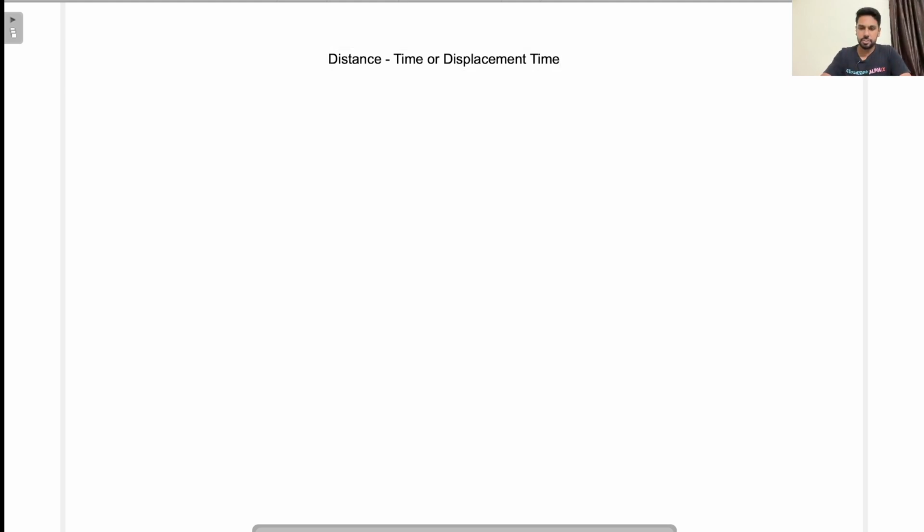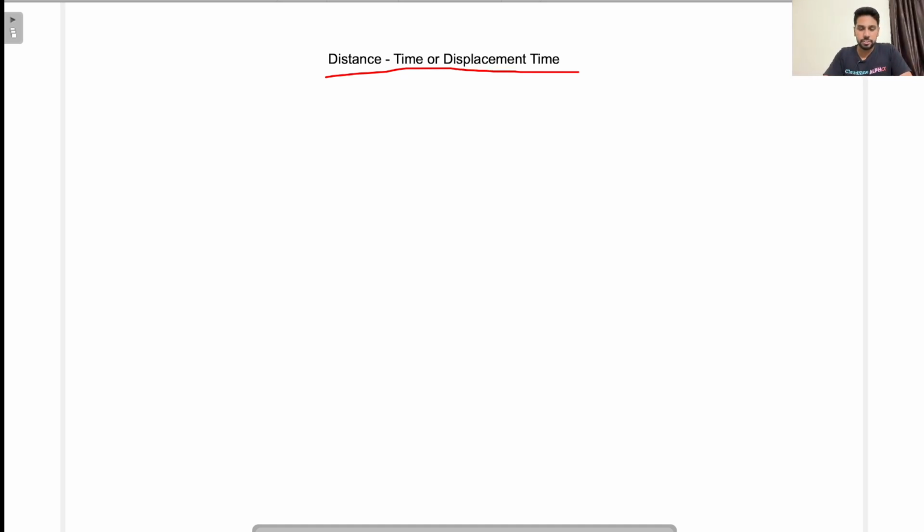This is my first discussion. For this graph, I will give one situation. First I will make a distance time graph for it, then a displacement time graph.